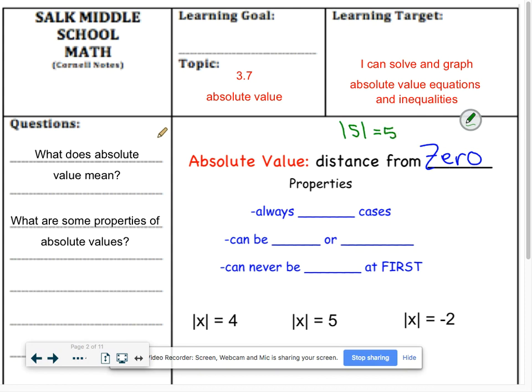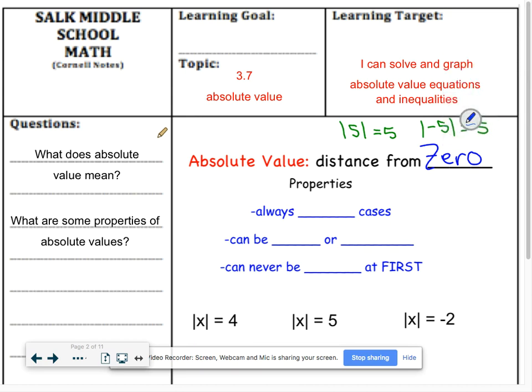But there's also two things 5 away from 0. Negative 5, the absolute value of negative 5. How you say this to yourself, how far away from 0 is negative 5? 5. So there's always two numbers that are equidistant from 0. Equidistance means same distance, okay?